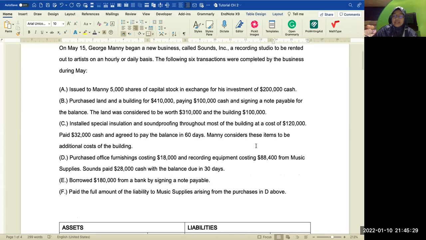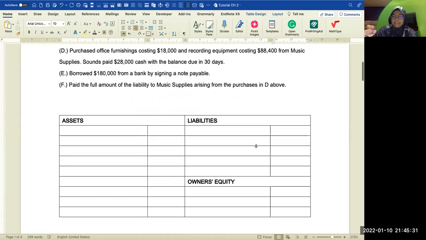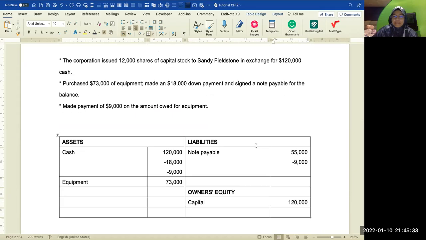Doctor, just one question. Just now you said it's owed 9,000 for equipment, right? Why do you put note payable? You made an 18,000 down payment, so cash 18,000, and then you signed a note payable for that, which is the 55,000.